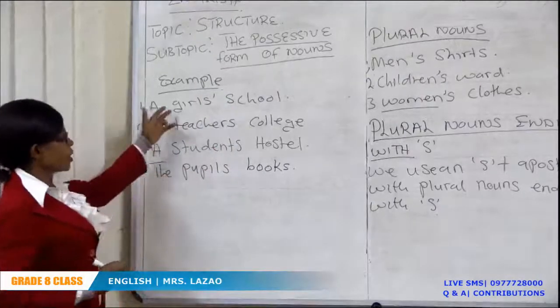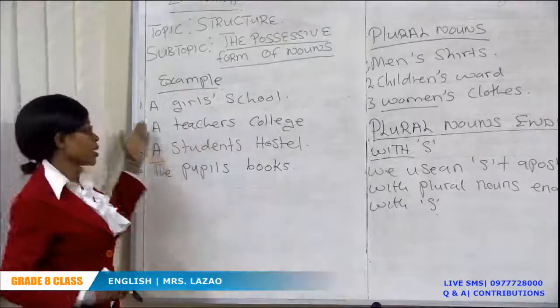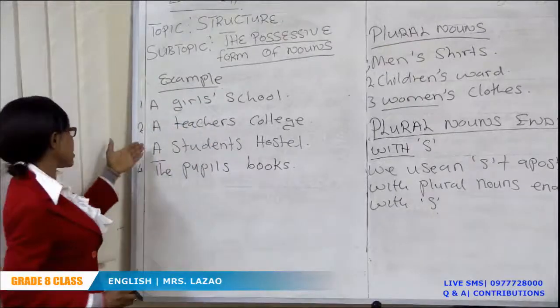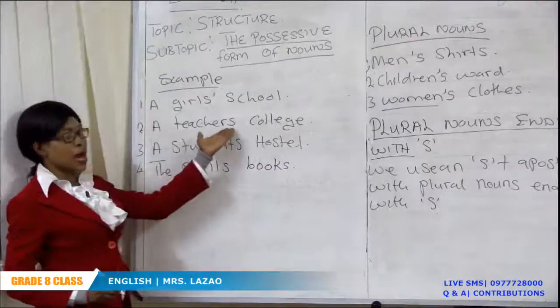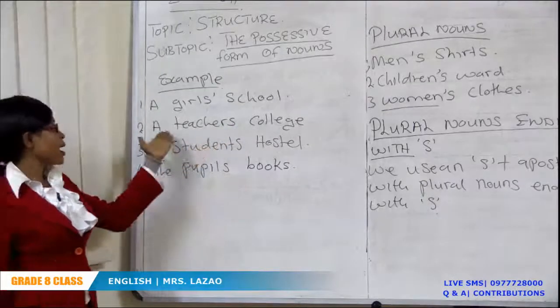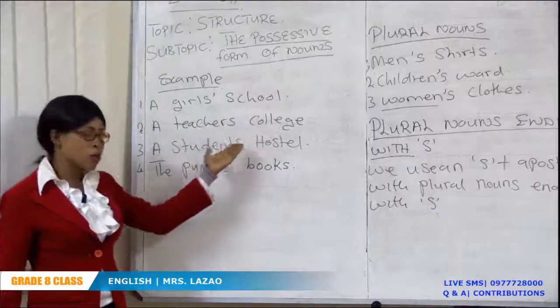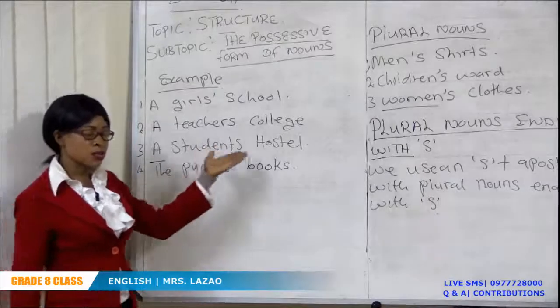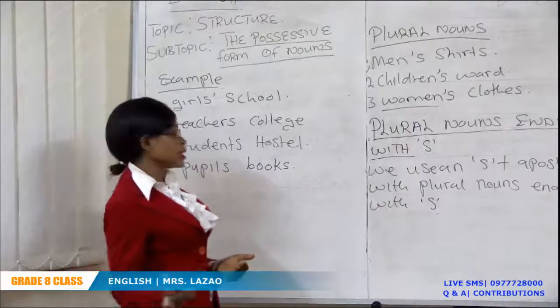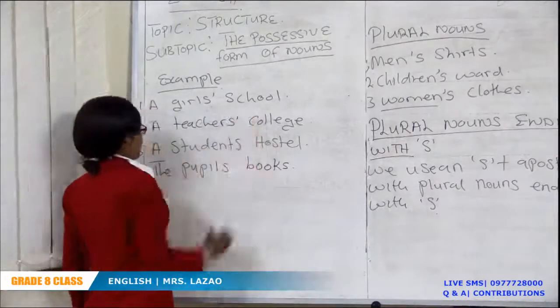So it will read a girls' school. The second one, since we already have an S here and it is already in the plural form, instead of adding apostrophe and S, we only add apostrophe.